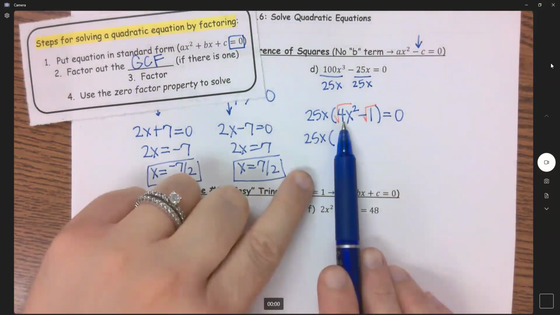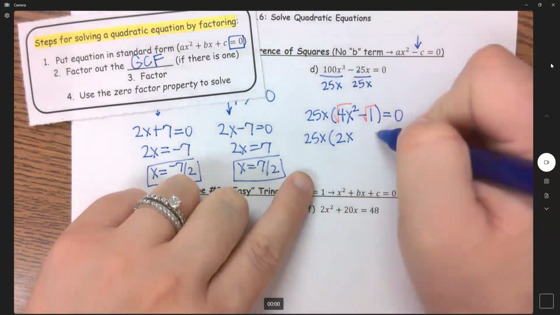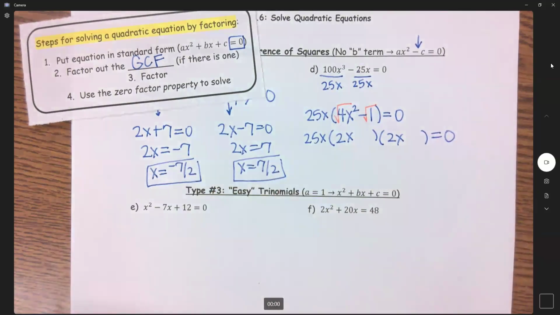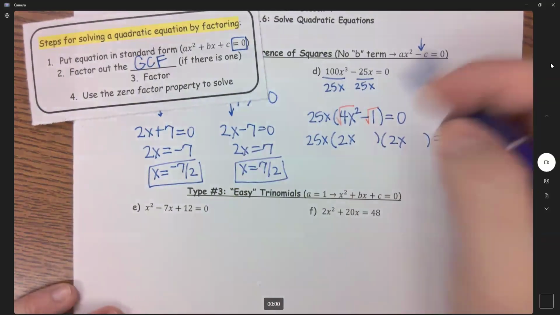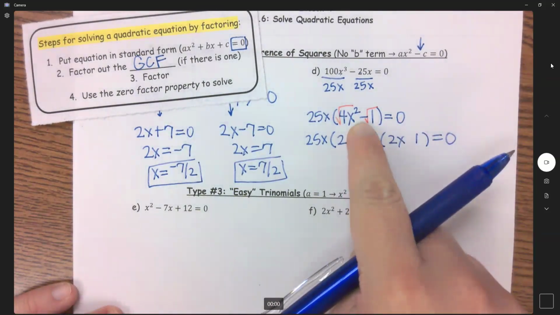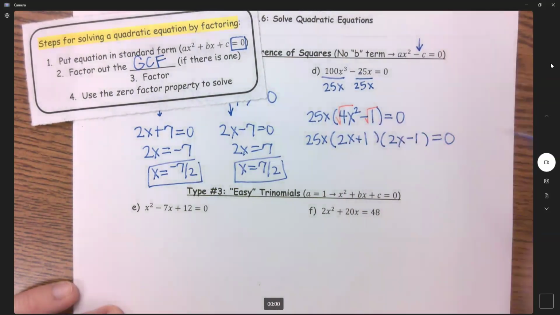The square root of 4x squared is 2x. The square root of 1 is 1. And for this to be a minus 1, and to cancel out that middle term, we need this to be a positive and a negative.